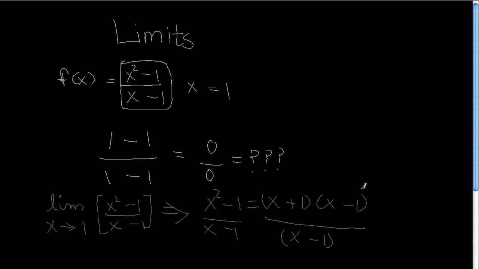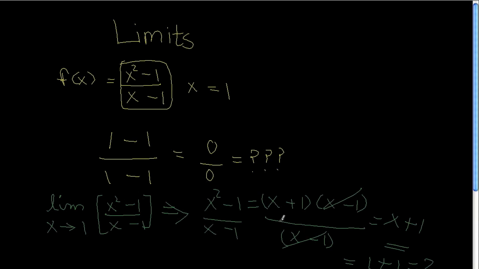We can see that these x minus 1s cancel out, leaving us with x plus 1. Now we can put the value x is equal to 1 in this function. We get 1 plus 1, which is equal to 2.